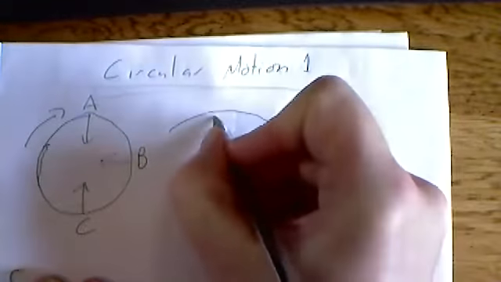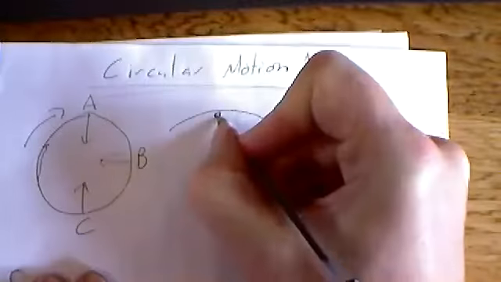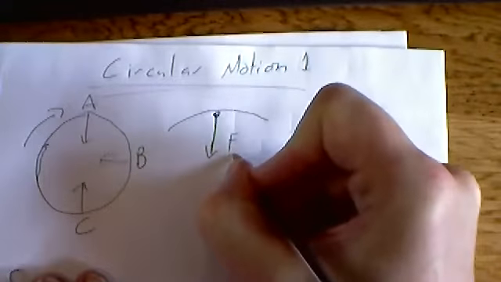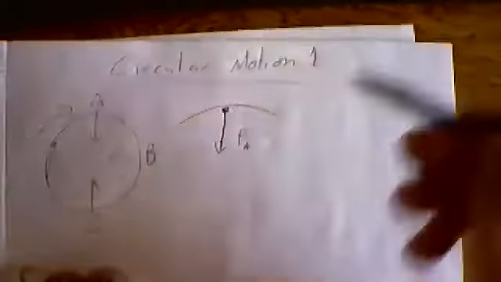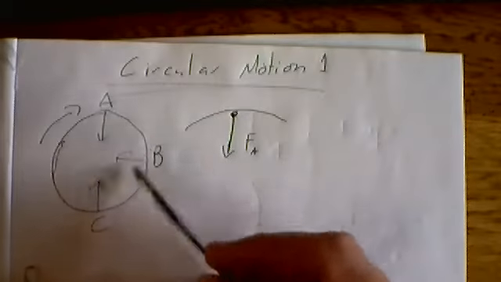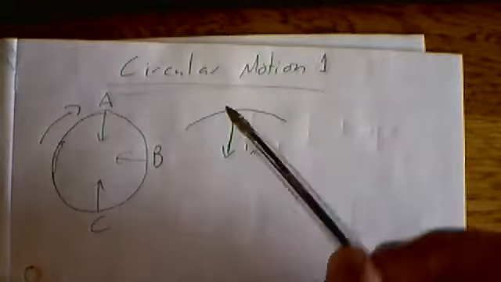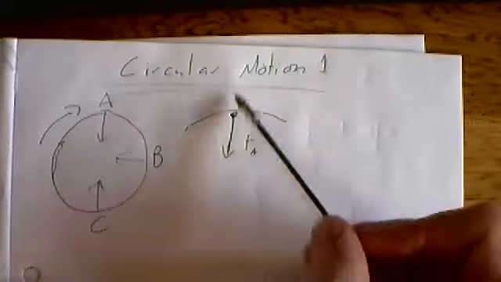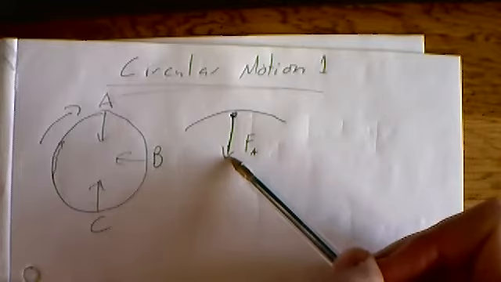At A, we've got a sock. We've got this resultant force. Let's call this FA. And the resultant force is going to be the same size in all three locations because it's doing a uniform circular motion. So we can't call it the same force because the direction is changing, but the size of the force is going to be constant.